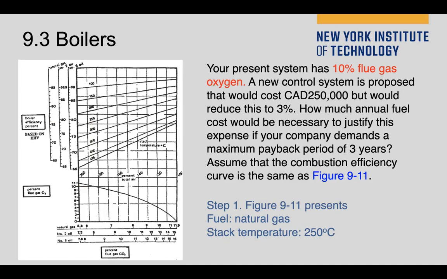So that means a lower flue gas percentage of oxygen. How much annual fuel cost savings will be necessary to justify this expense if your company demands a maximum payback period of 3 years? Assume that the combustion efficiency curve is the same as figure 9-11.